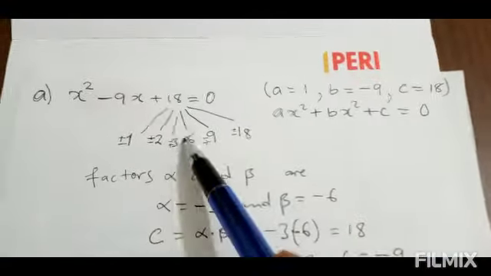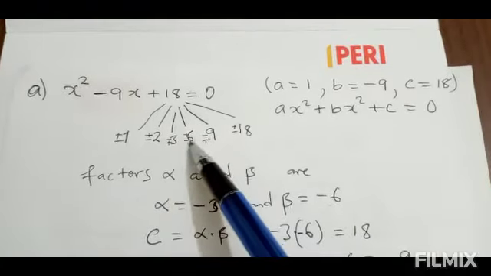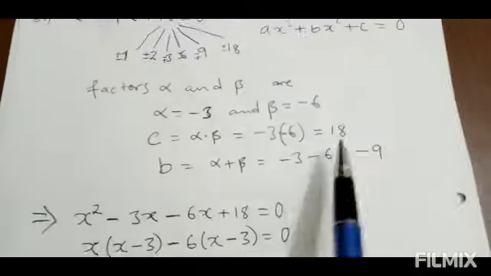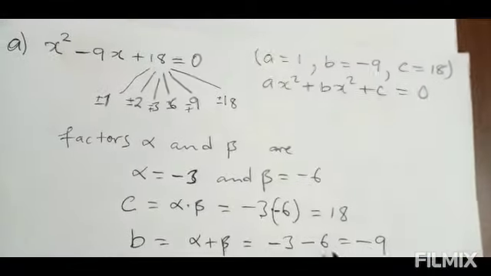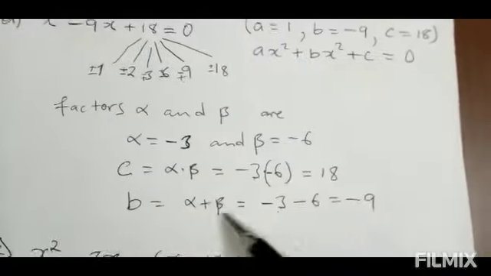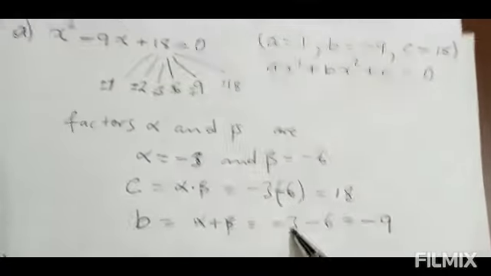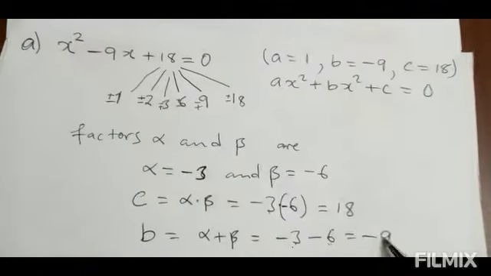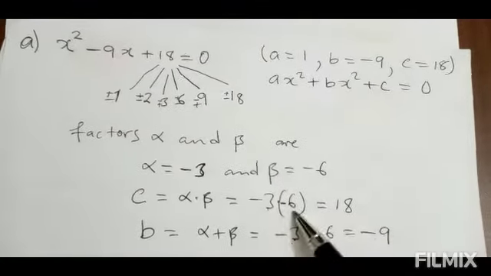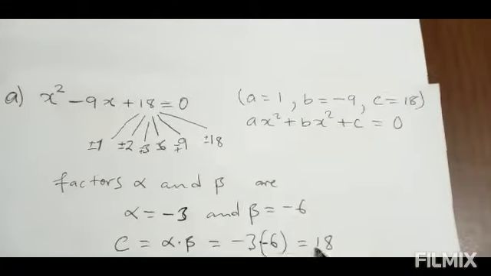So we have chosen negative 3 and negative 6 from the factors, because that's what gives us our desired answers. When you add these two factors together, you get negative 9. When you multiply them, you get positive 18.